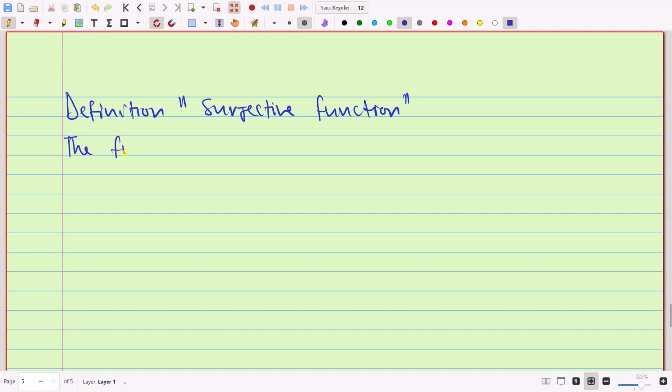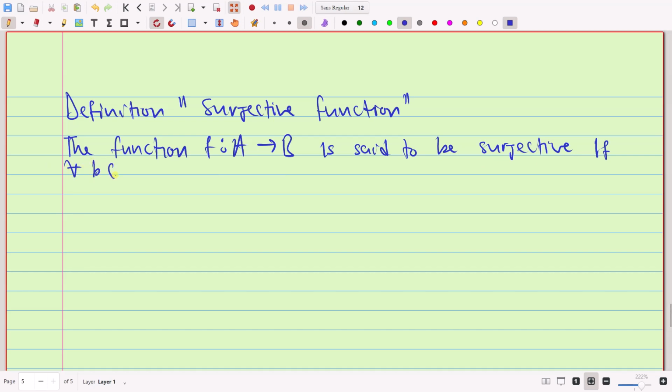You see, the function f, which maps A to B, is said to be surjective if for all b elements of B, there exists an element a in A such that f of a is equal to b.